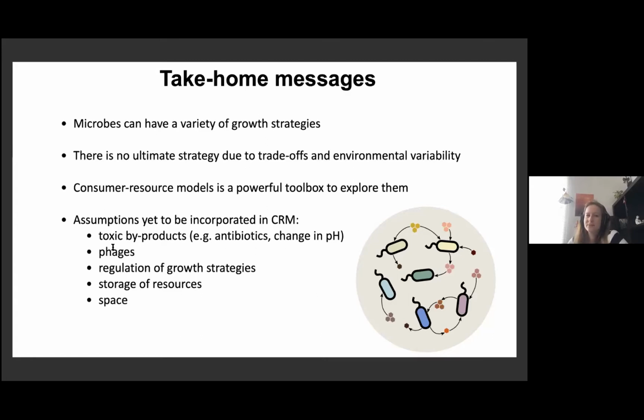And the simplest way to do it is to include them in this dilution factor as an additional mortality term. But that's true only for lytic phages, right? And for phages that have variability in strategies, like lytic and lysogenic, it's not yet so simple to understand how to actually put them in here.